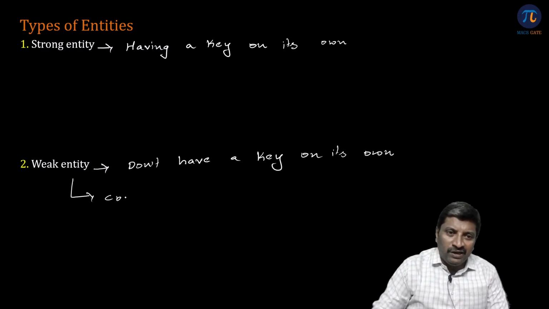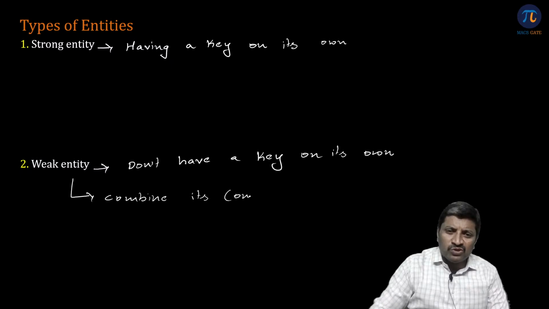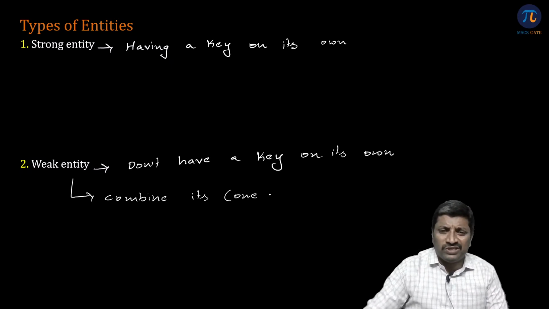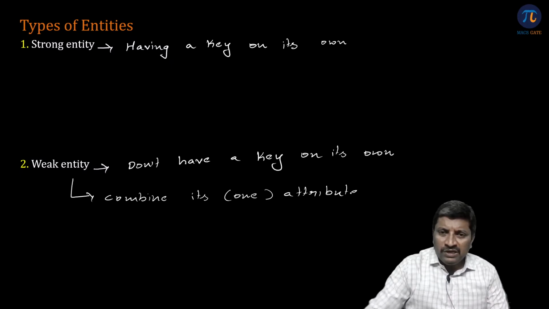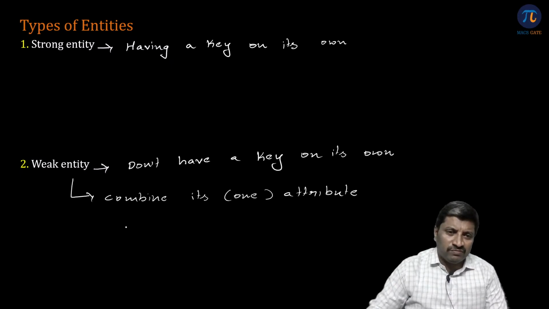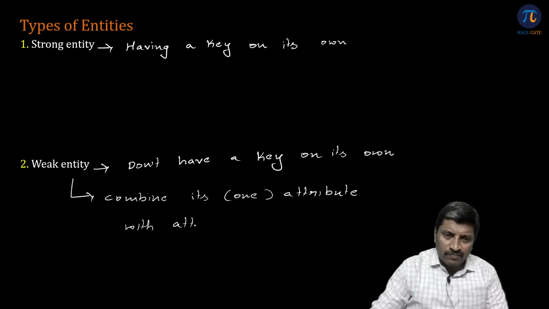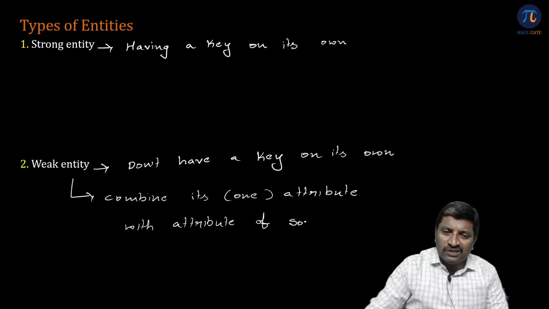It will combine one or more of its attributes, let us consider one, with an attribute of some other entity.